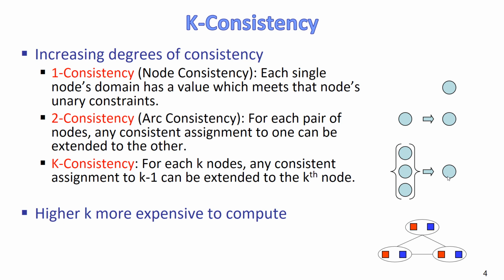If that's the case for every 4 nodes, then we call this graph 4 consistent. If it's for each K nodes, then this graph is K consistent. So this is a general notion of consistency.